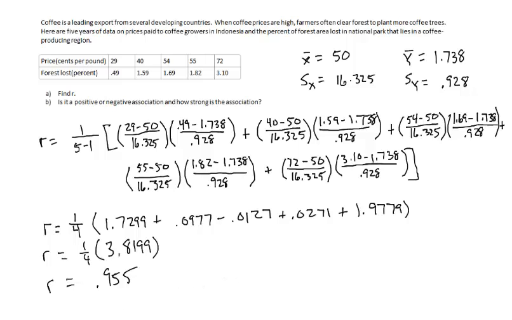So here in part B, we could say that we have a strong positive linear association. And that's how we calculate correlation by hand.